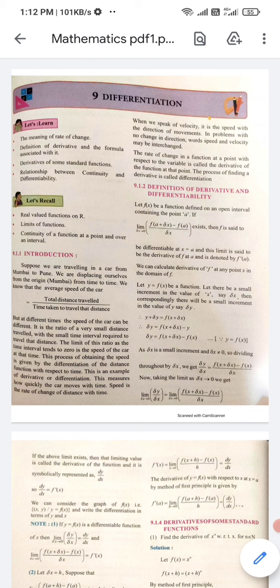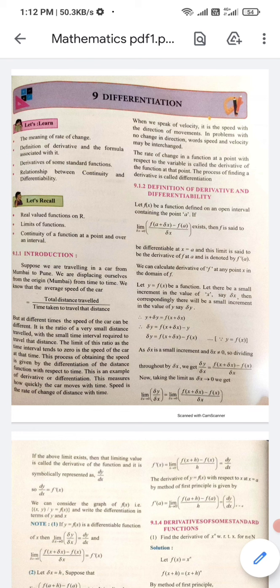Limit h tends to 0 minus, f of a plus h minus f of a upon h is called the left hand derivative, that is LHD at x is equal to a, and limit h tends to 0 plus, f of a plus h minus f of a upon h is called the right hand derivative, RHD at x is equal to a.